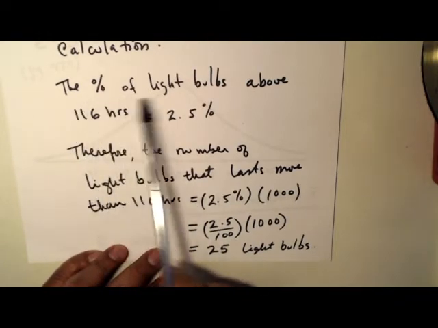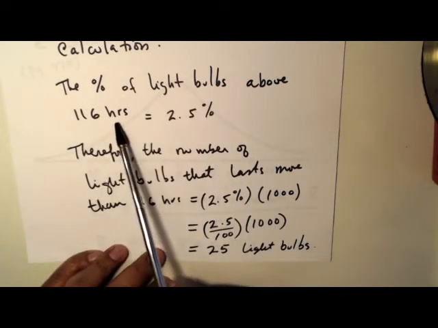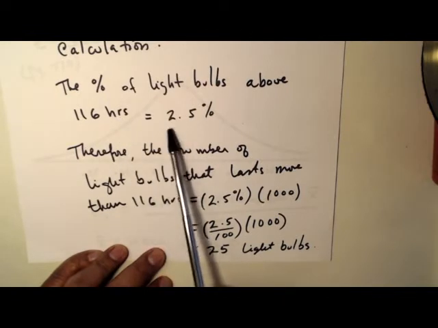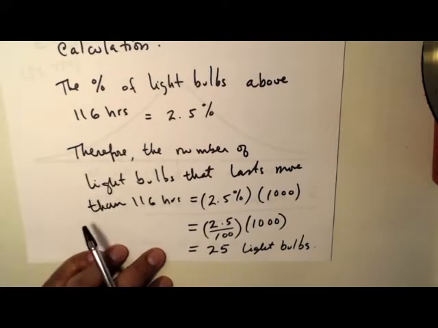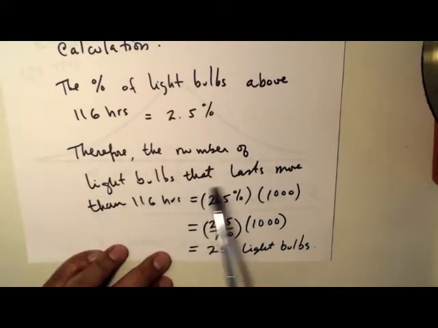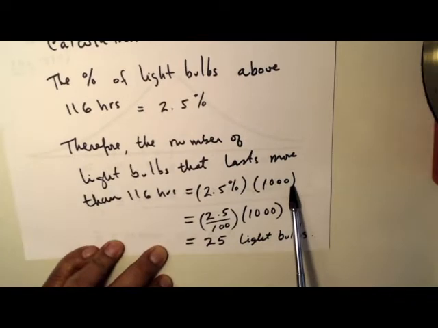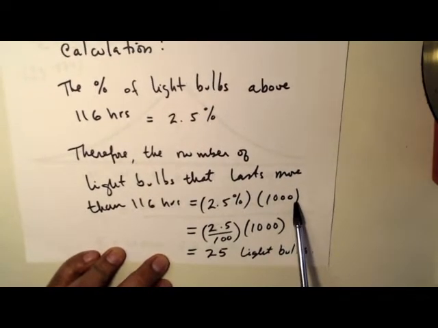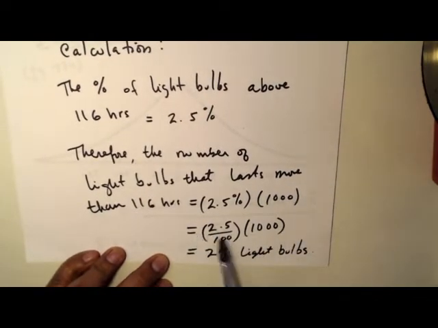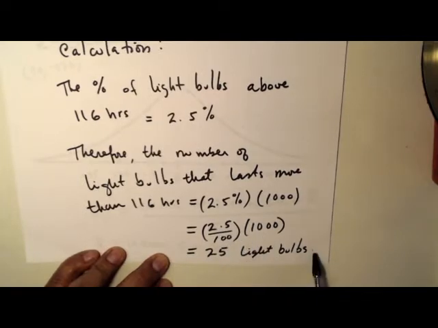So the percentage of the light bulbs above 116 hours lifetime is equal to 2.5%. We calculated that from the curve. Therefore, the number of light bulbs that last more than 116 hours is going to be equal to 2.5% times 1,000. So now we calculate this one. We put 2.5 divided by 100, we remove 2 zeros here, so it will be 10 times 2.5, and that will give you 25 light bulbs.